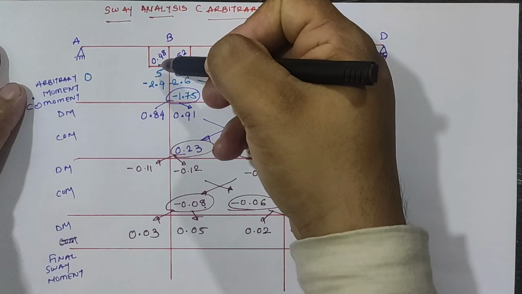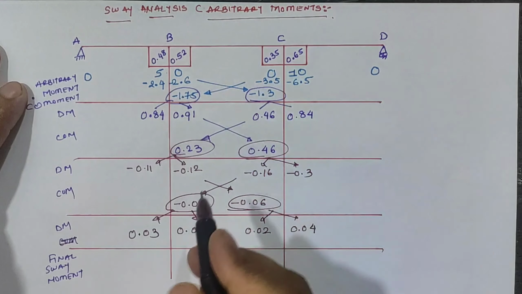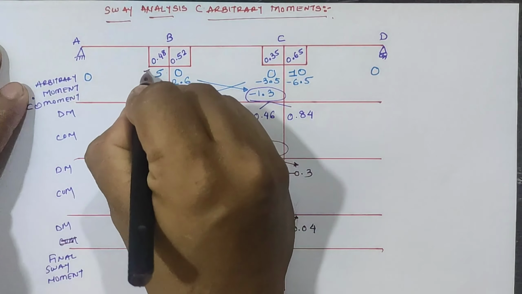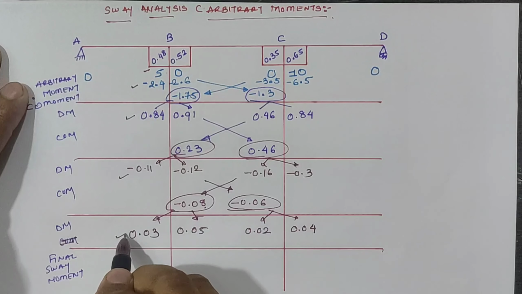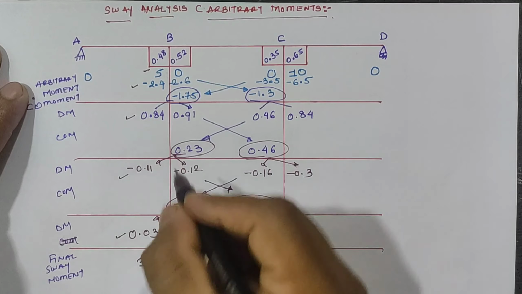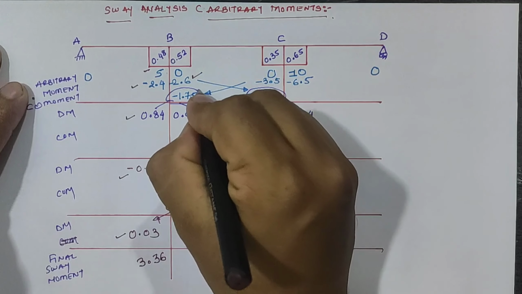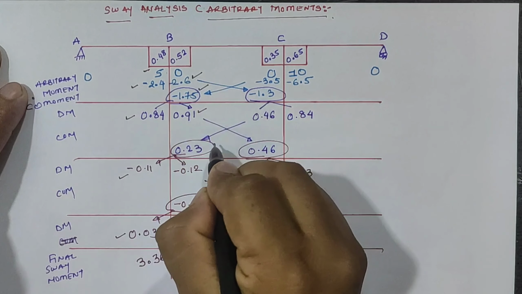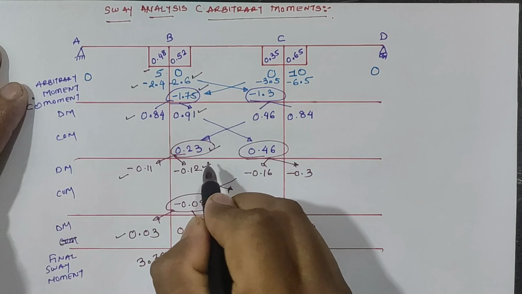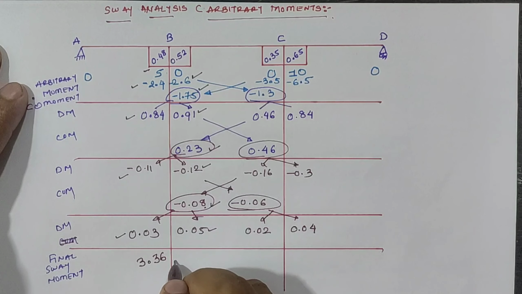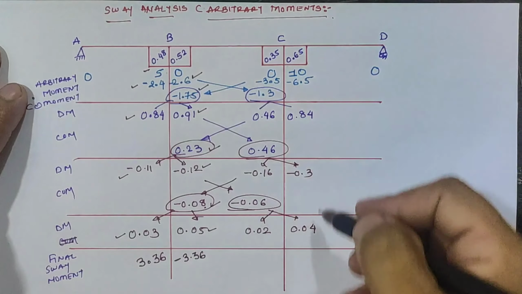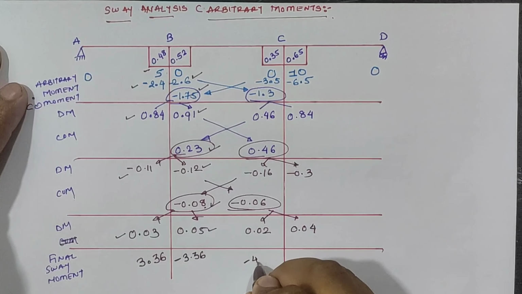So let us take the algebraic summation of each column. So 5 minus 2.4 plus 0.84 minus 0.11 plus 0.03 is 3.36. Similarly, minus 2.6 minus 1.75 plus 0.91 plus 0.23 minus 0.12 minus 0.08 plus 0.05 is minus 3.36. Similarly, we do this for all the columns.